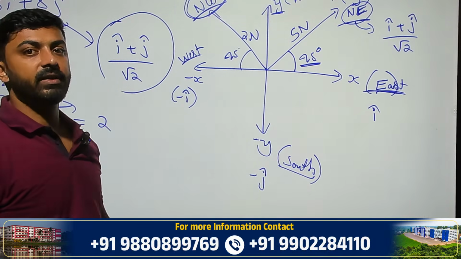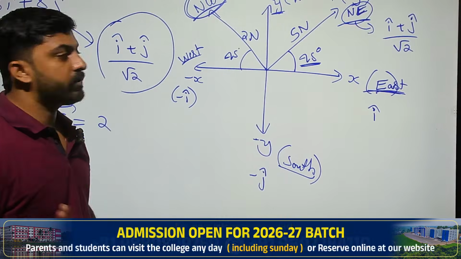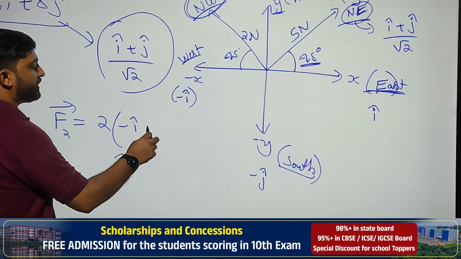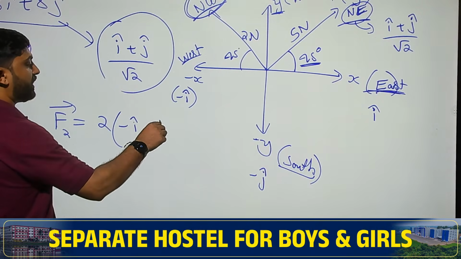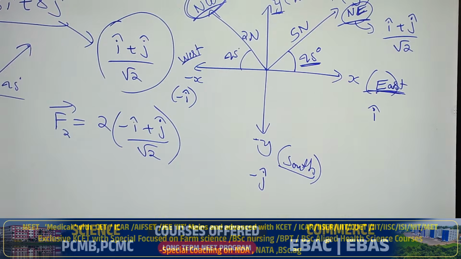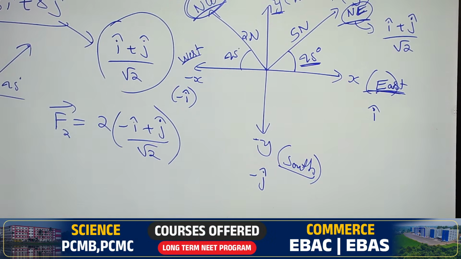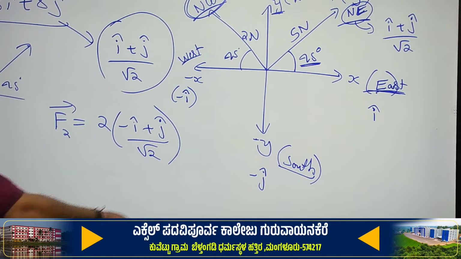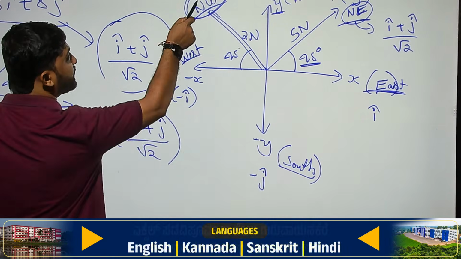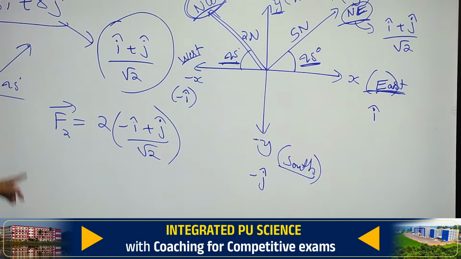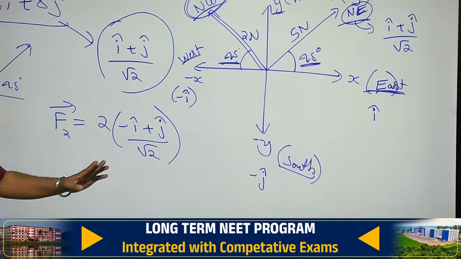In the second quadrant, x is negative, so I can write minus i cap plus j cap divided by root 2. Why is it minus i cap? Because the vector is in the second quadrant. So if 2 Newton acts in the northwest direction making an angle of 45 degrees, then the vector is 2 times (minus i plus j) divided by root 2.